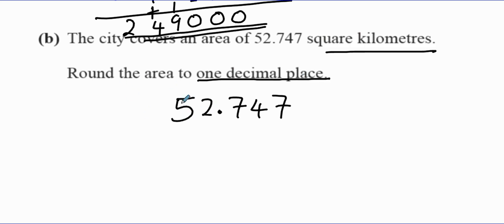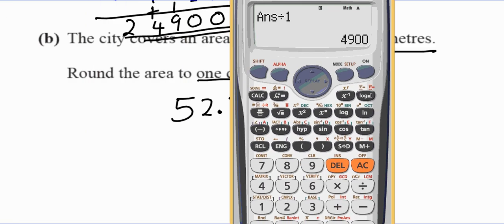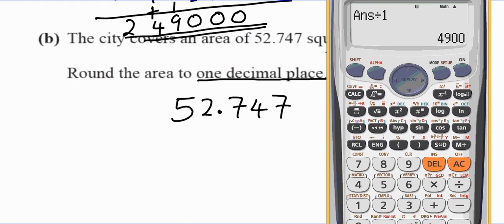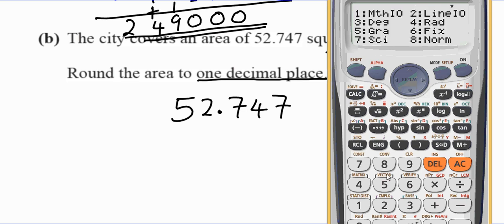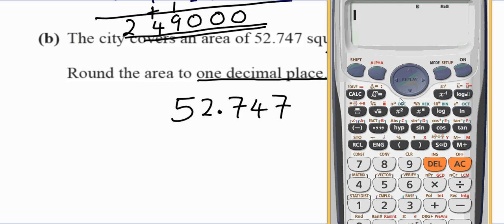If you have a calculator on the table, you can use it to round off this number correct to the required number of decimal places. What you have to do first is clear your calculator. Make sure that you clear your calculator and you're good to go.